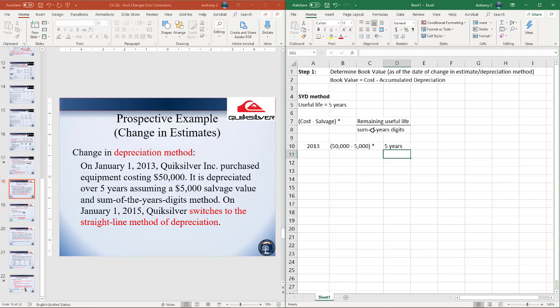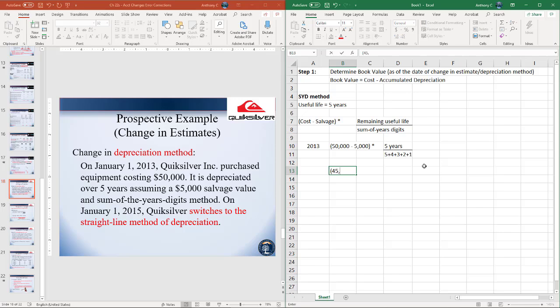And then the sum of years digits, since the useful life is 5, the sum of the digits would be 5 plus 4 plus 3 plus 2 plus 1. Okay, so if we just do some algebraic manipulations here, get up to 45,000 times 5, and in the denominator we would have 15. Right, so we'd get up to $15,000 of depreciation.